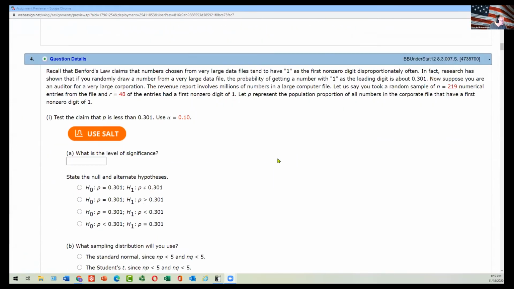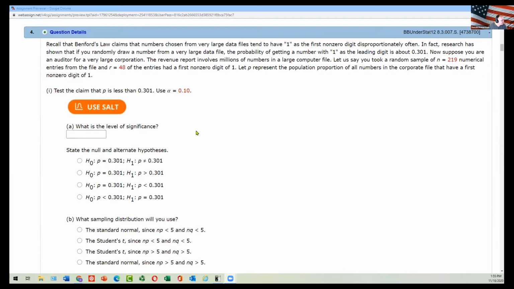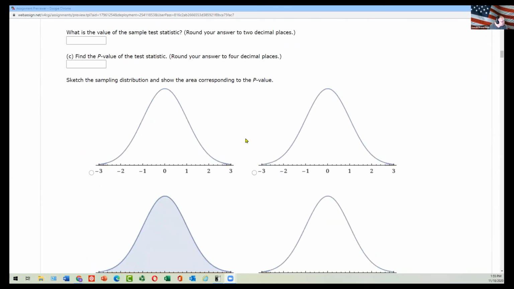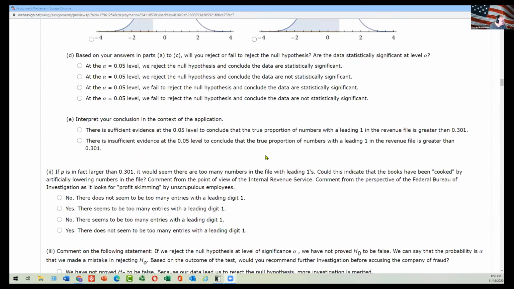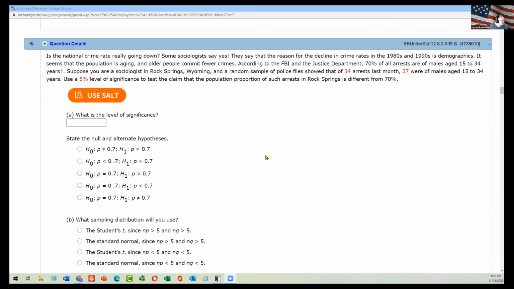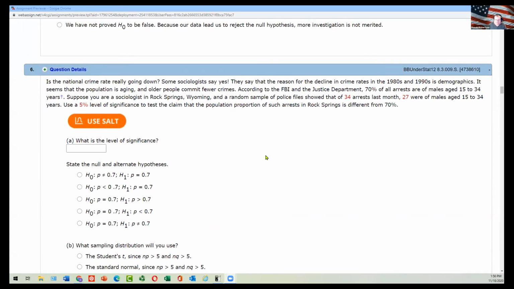Okay, let's go. I don't like that one. Don't like that one. I like this one. I mean, they're all pretty much the same, right? There's no big difference.